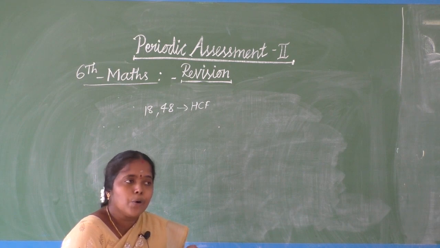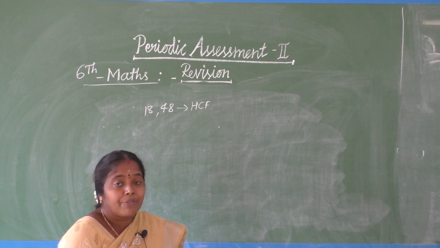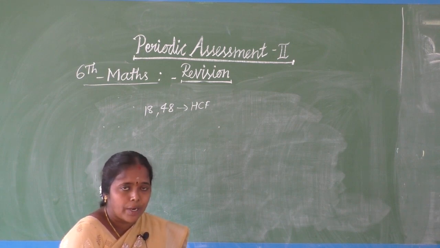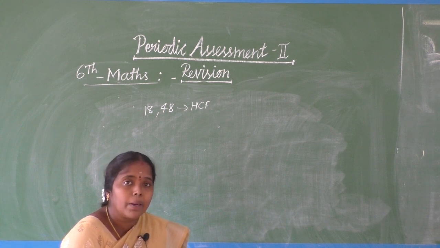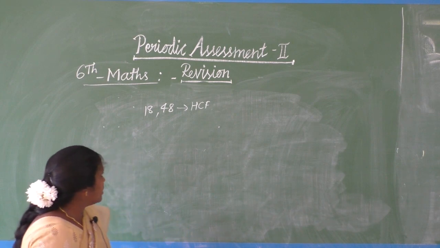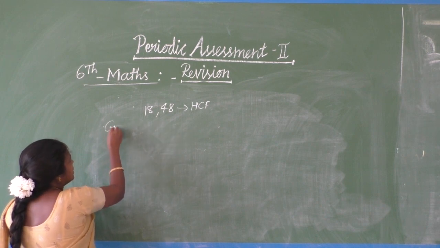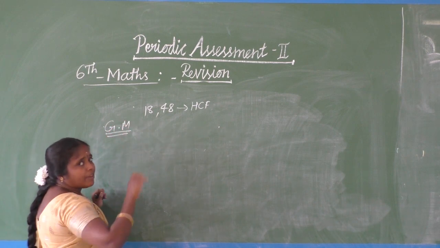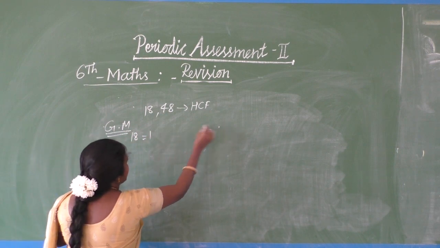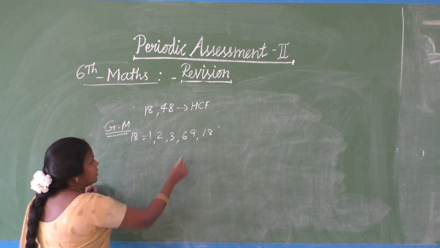But if you try the prime factorization method for finding HCF, you have to multiply the common factors. That is the required HCF. Clear? I am doing it in two ways. First, the general method, writing all the factors. 18: 1 18 is 18, 2 9s are 18, 3 6s are 18.